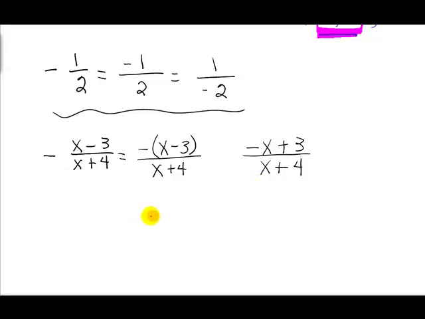If I take the negative and apply it to the bottom, like we did up here, and then if I distribute it like I did here, then I get a fourth answer.